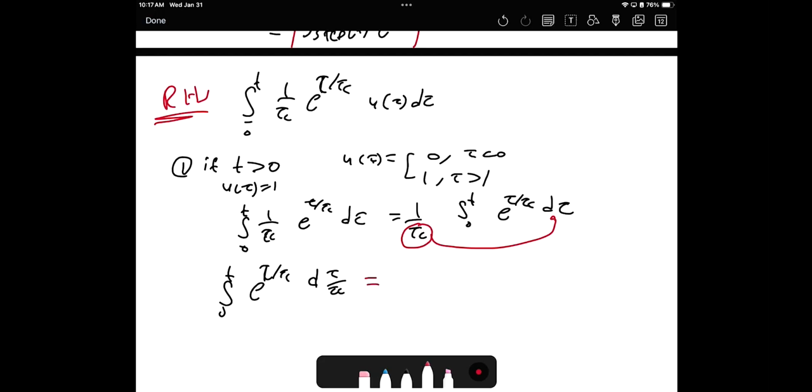It looks like the integral from 0 to t of e power, let's say, x dx. This will be e power x, the integral from 0 to t.